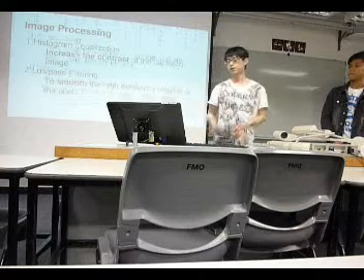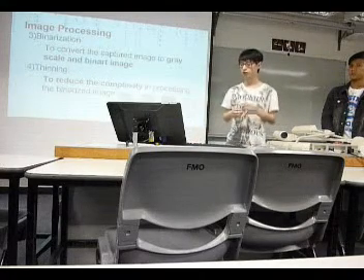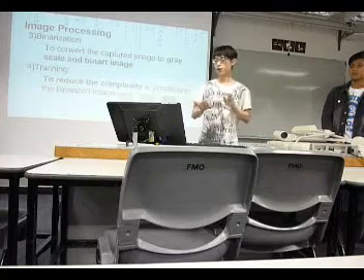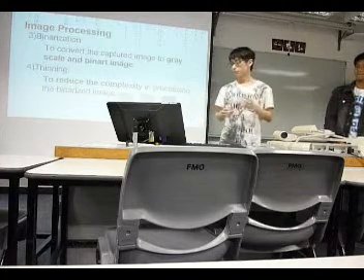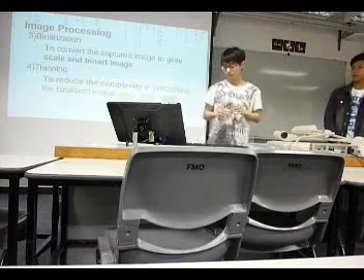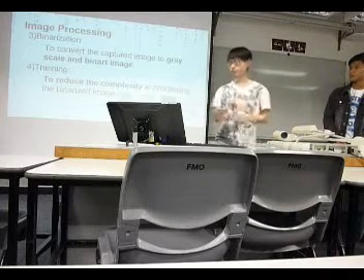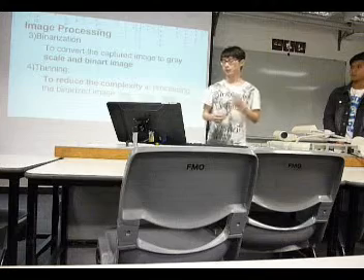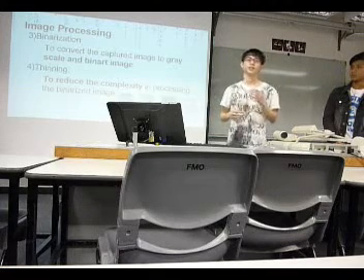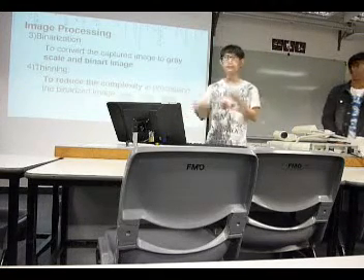And then we follow with binarization to convert the image to a grayscale, black and white image. And then we thin the image to reduce the complexity, and it is easier for the following process.